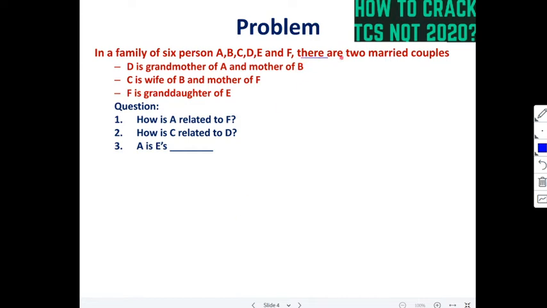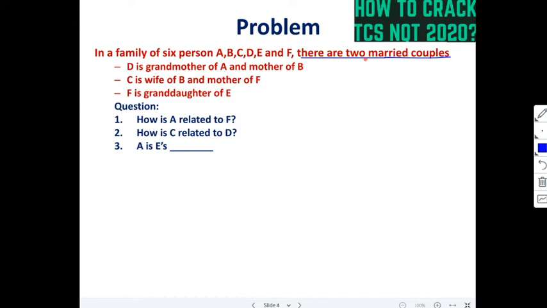The first input is that there are 2 married couples, and the second input is D is grandmother of A and mother of B. C is wife of B and mother of F. F is granddaughter of E. So all these things are given. Now 3 questions are asked. How is A related to F? How is C related to D? And the third question is A is what? That is dash.